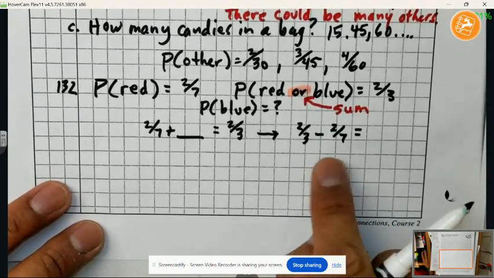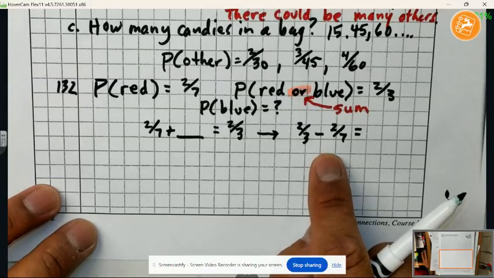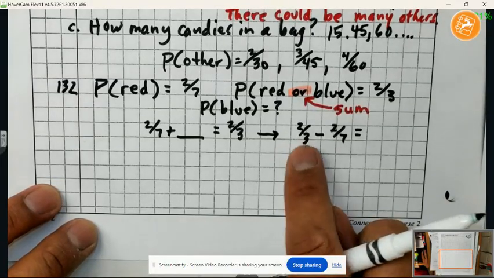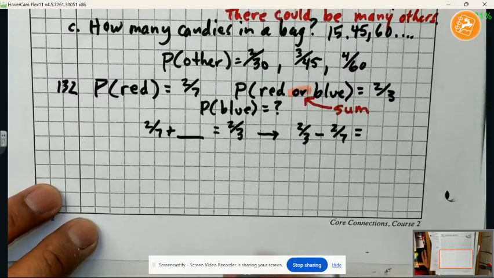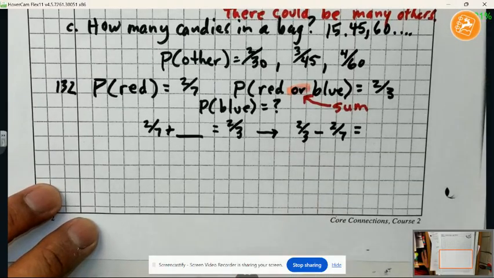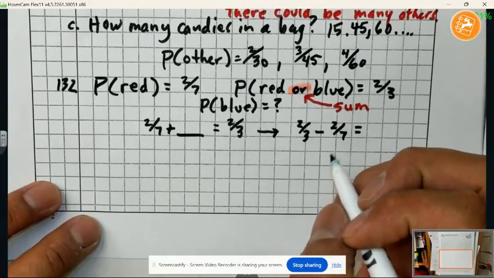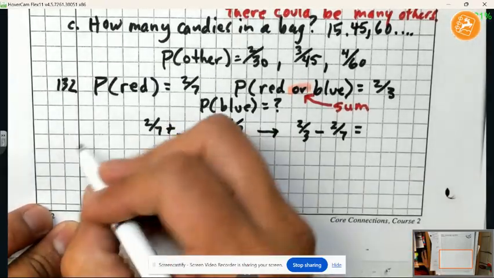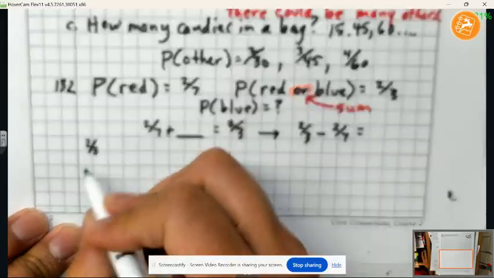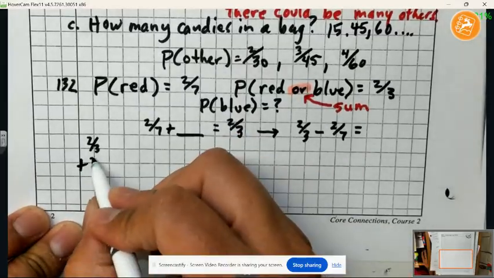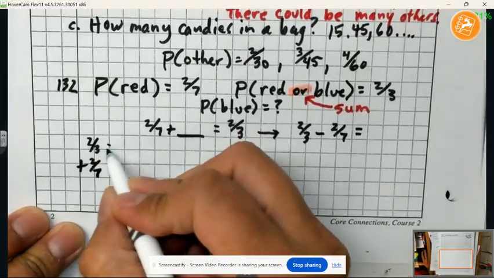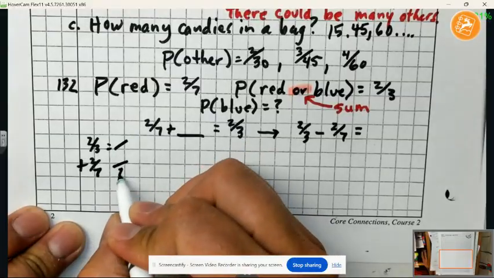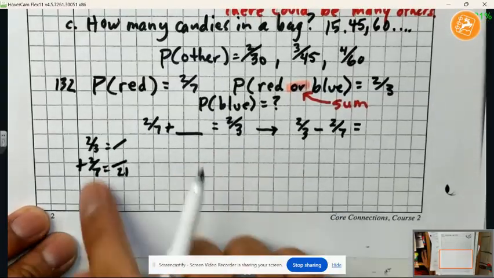But these do not have common denominators, so we need to change them to a common denominator. What is that common denominator? The common denominator is 21. So we need to change these to 21. So 2/3 and 2/7.